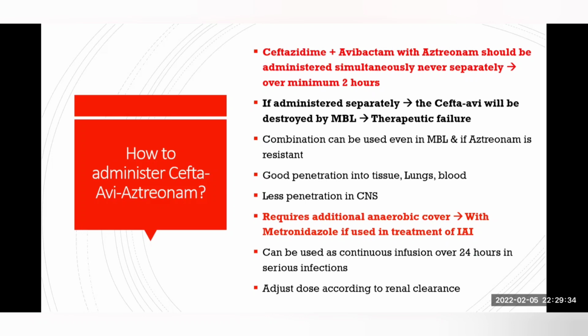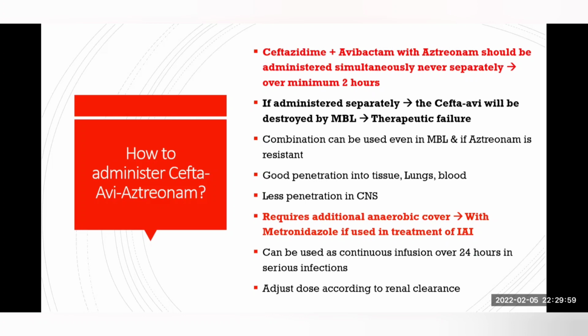This combination can be used even in MBL, as well as if aztreonam is reported to be resistant. And it has good penetration into the tissue, lung, and blood, but limited penetration into CNS. So in CNS infections, you can preferably avoid this combination. And as I mentioned, this combination does not have anaerobic cover.